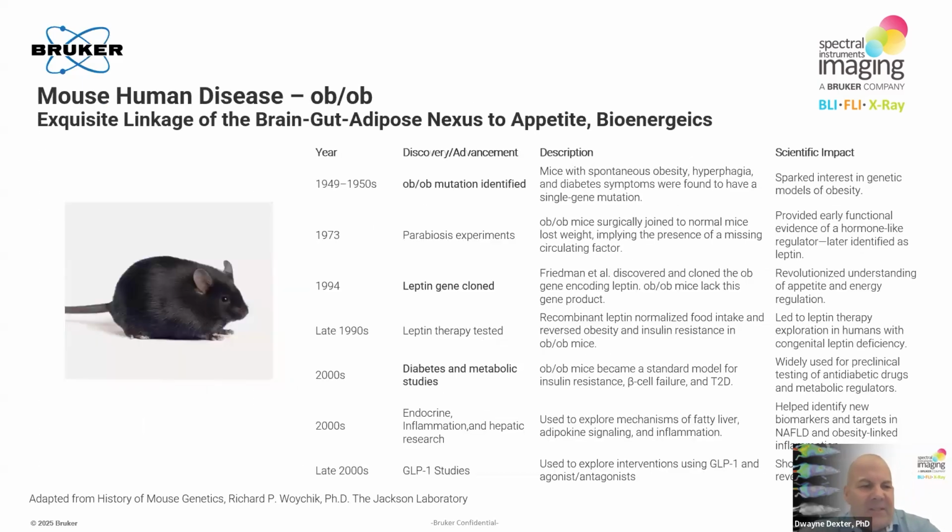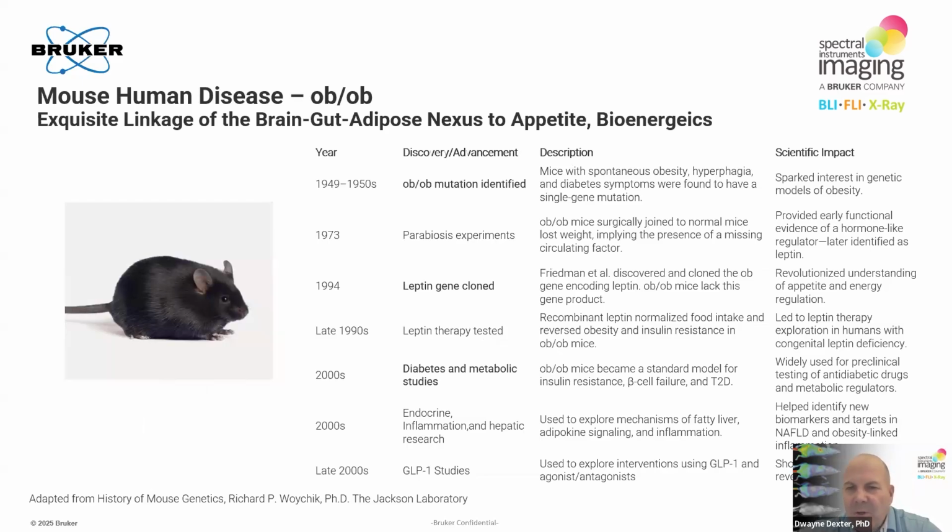So a couple of examples of some important mice, just to highlight some important discoveries. The famous ob mouse, the obese mouse, and variants of that have been instrumental in not only understanding appetite, bioenergetics, parabiosis.